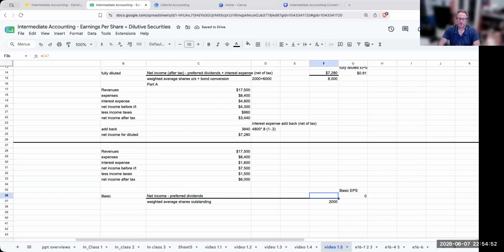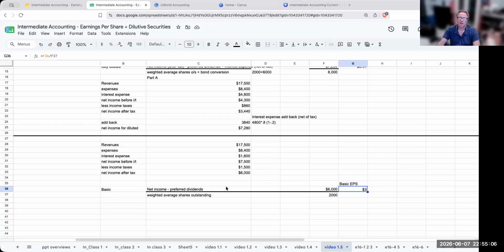So this amount here is going to be 6,000. My weighted average shares outstanding is still 2,000, because remember, for basic, they didn't convert, so we're not worried about that. So my basic earnings per share is going to be $3 per share.